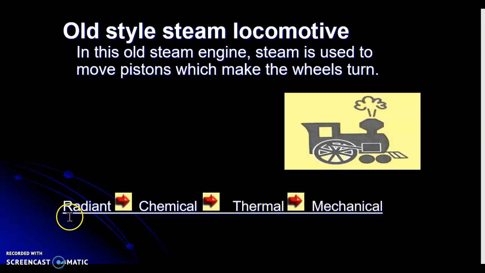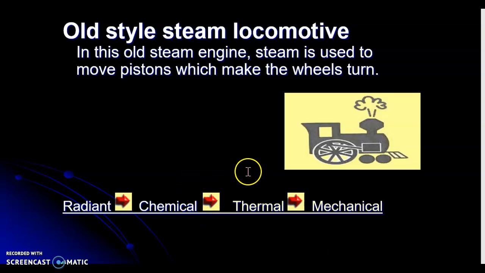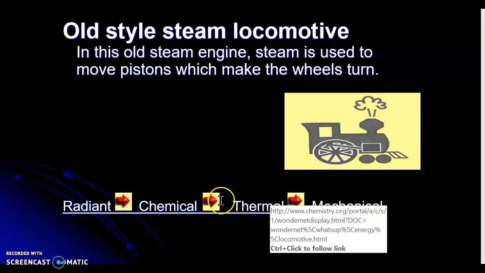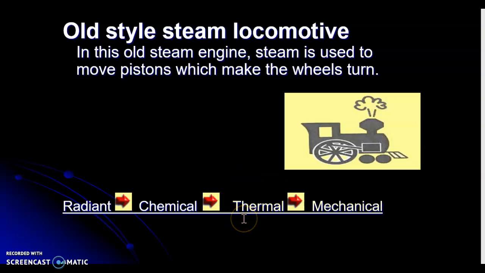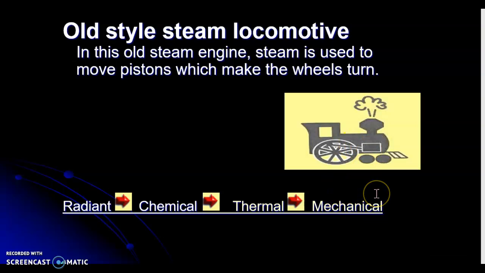So, the radiant energy coming from the sun is transformed to chemical energy that is stored now, and when that stored energy is used, heat is released, thereby thermal energy is formed. And this thermal energy now enables this old-style steam locomotive to move, and thereby that is mechanical energy.